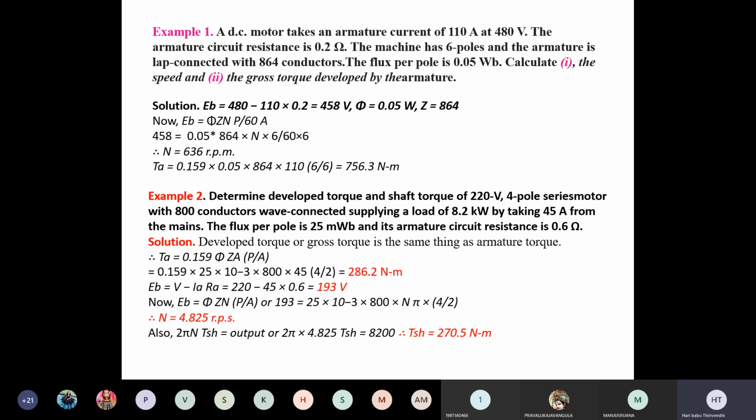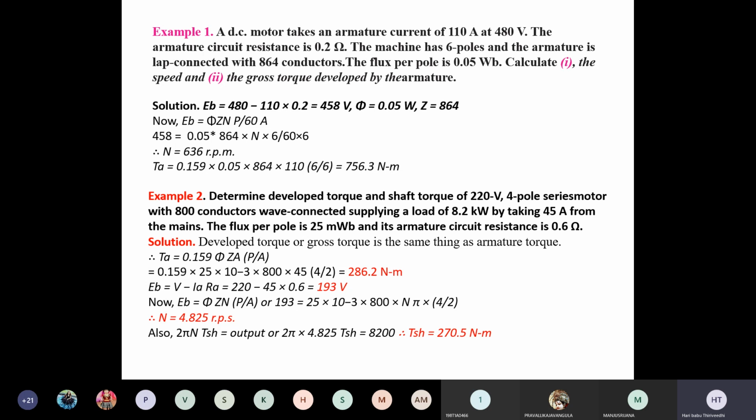Now calculate the speed. The first one is easy, you have already solved this type of problem in the first unit itself. Eb is equal to pi Z N by 60 into P by A. In a generator we write Eg, generated EMF, but in the motor we write Eb, both are the same. In the motor itself generator action takes place, so that is what we call back EMF.